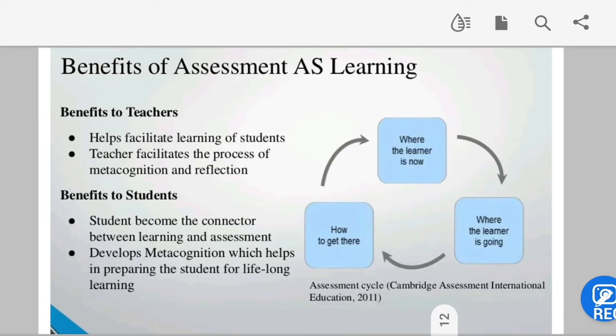This is the cycle of assessment as learning. It is very important to meet competitive exams and to achieve their goals. So assessment as learning is very helpful for their future achievements.